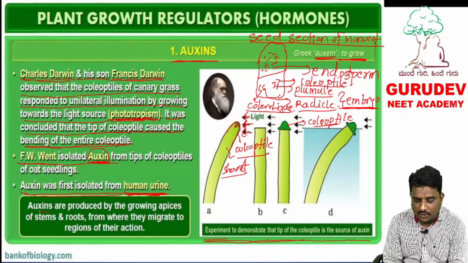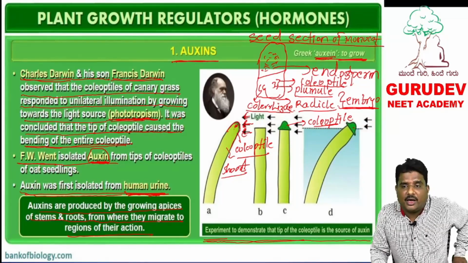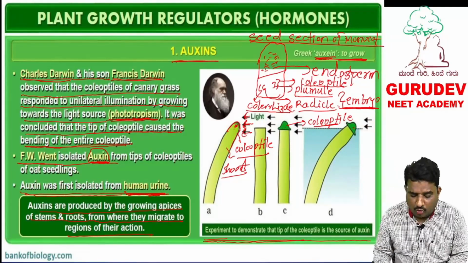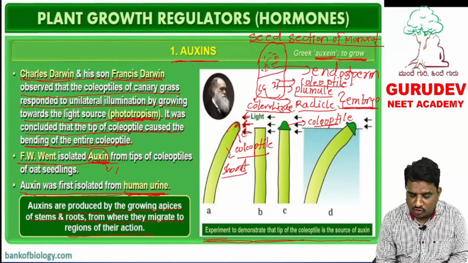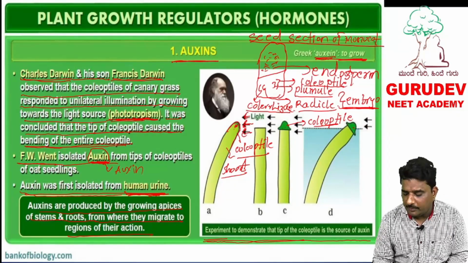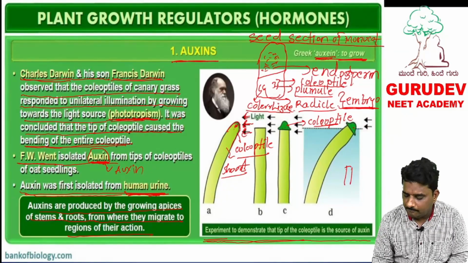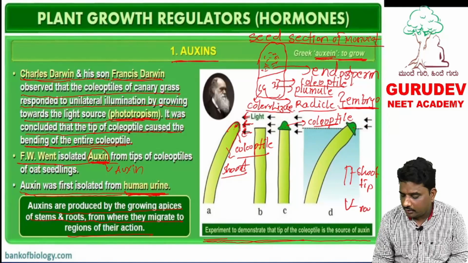Auxins are produced by the growing apices of the stem and root, from where they migrate to the different regions of their action. The growing tip of the shoot and the growing tip of the root, what is going to be produced there? Auxin is going to be produced there, in the shoot tip as well as the root tip.